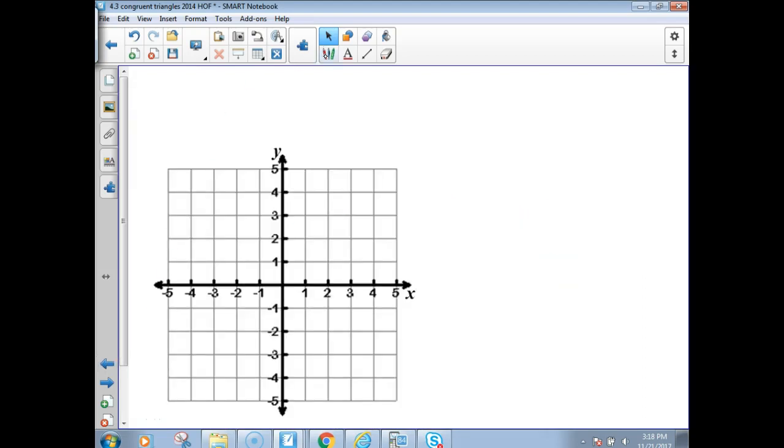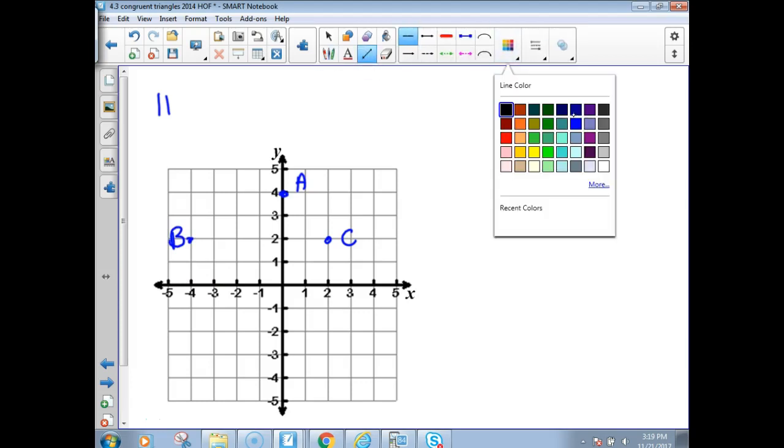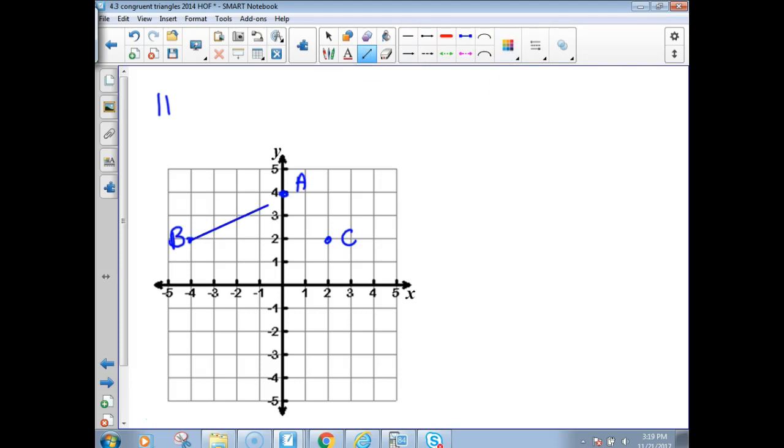Okay, back here. What you have on your worksheet is a triangle that's already been drawn for you. It has points at (0, 4), (2, 2), and (-4, 2). And then it's nicely laid out. What I'm going to do, it says to reflect it over the x-axis.